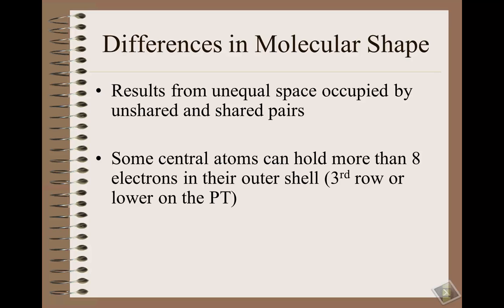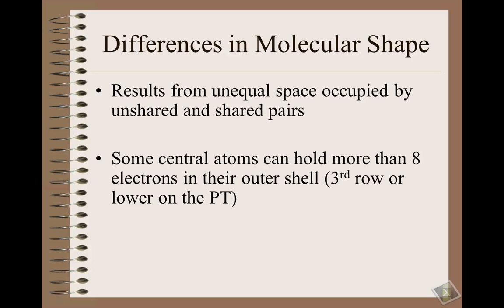It is possible in some instances for these central atoms to either exist with fewer than 8 electrons or more than 8 electrons. And so this is going to impact the number of electron clouds that there are, charge clouds around the central atom, and hence will also impact the molecular shape.